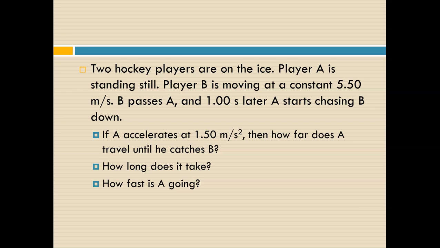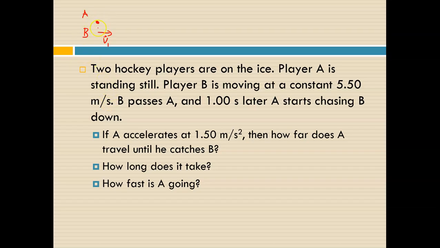What might help might be a picture, yes? Okay. Well, what's happening is we have the hockey players. We've got A here, and we've got B here. At this point in space, they coincide with each other. B is going to have some initial velocity. I'm going to call it V1. What's the initial velocity for A? 0. He's standing still.